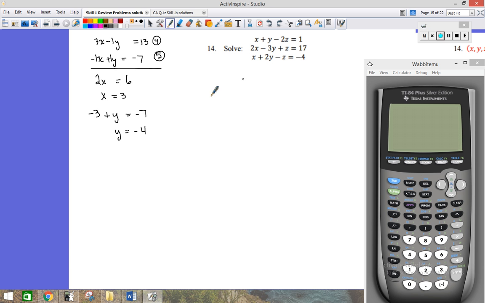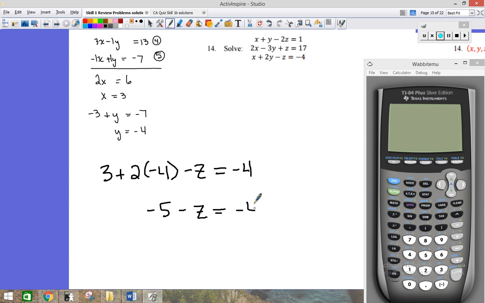It says x plus 2y minus z is equal to negative 4. x is 3, 2y is going to be a negative 8, so we've got 3 plus negative 8, that's negative 5. So z is negative 1, because if you subtract negative 1, it's the same as adding 1, and negative 5 plus 1 is... or just add 5 and divide by negative 1, and you'll see that z is negative 1.